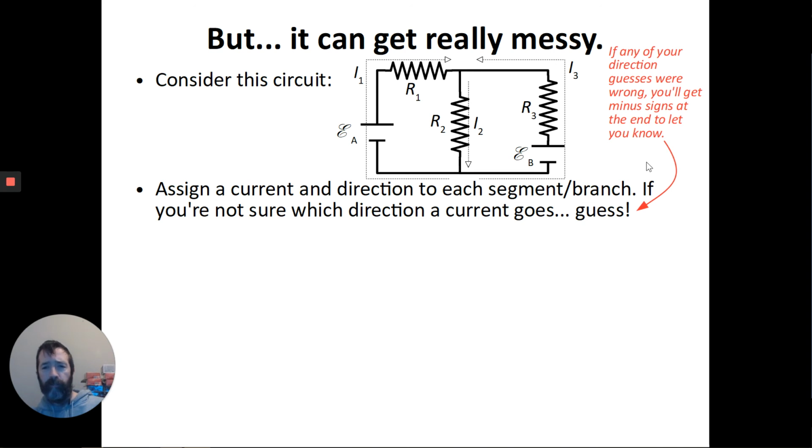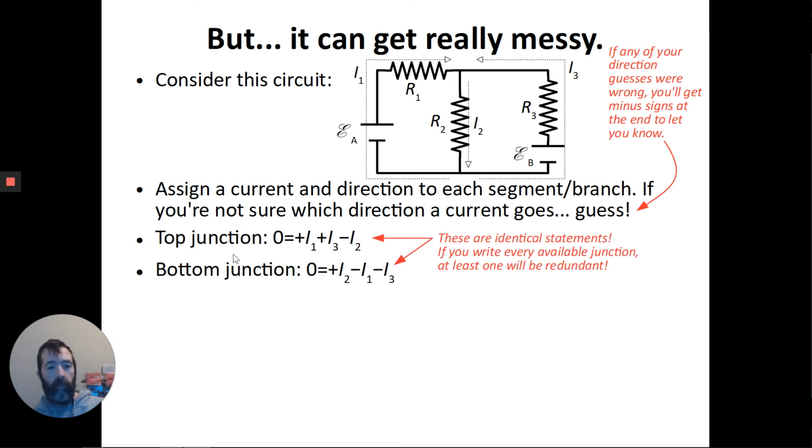But it's not a big deal. The worst thing that can happen, assuming you don't make any algebra errors, is that one of your answers at the end of the problem has a minus sign on it. It's not going to change the magnitudes. You're just going to get a minus sign, and from that you can tell, oh, I guessed incorrectly. So there's no need to stress out about it.